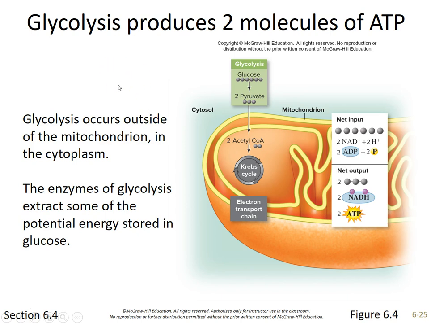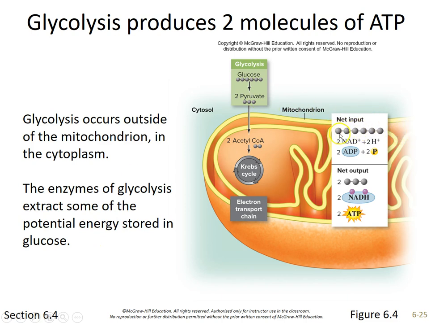Okay, glycolysis produces 2 molecules of ATP. Remember that it means breaking down glucose. Glycolysis: lysis is to break apart, and glyco stands for glucose. It occurs right outside the mitochondrion in the cytoplasm. There are enzymes that facilitate this process. Some extract potential energy stored in glucose.